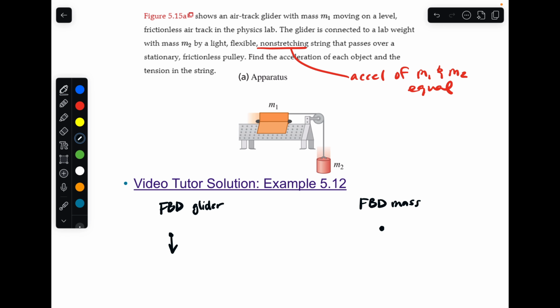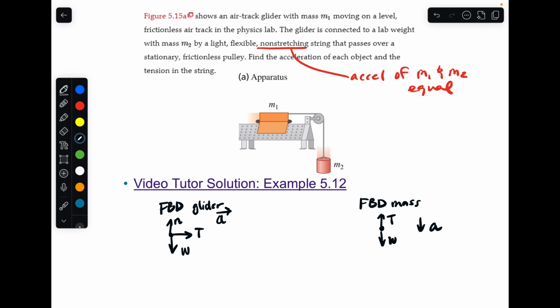The glider has a weight, it has a normal force, and it has the tension in the string pulling it. Which direction is the glider accelerating? It's accelerating to the right. Now let's look at the mass. The mass has its weight, and it has tension in the string, and it's accelerating downward.